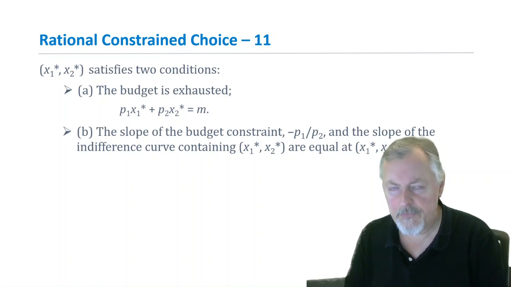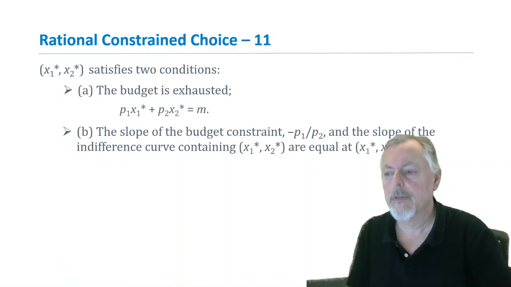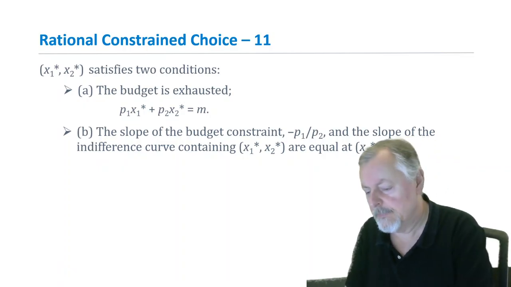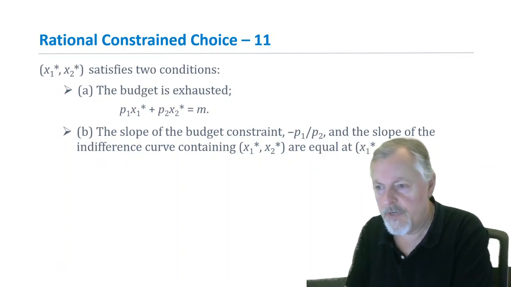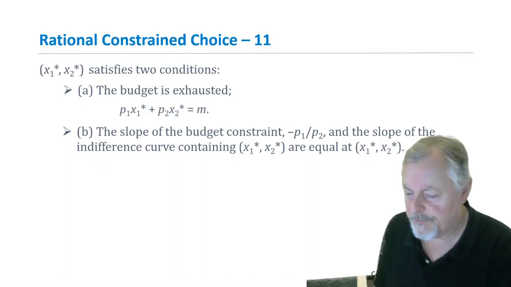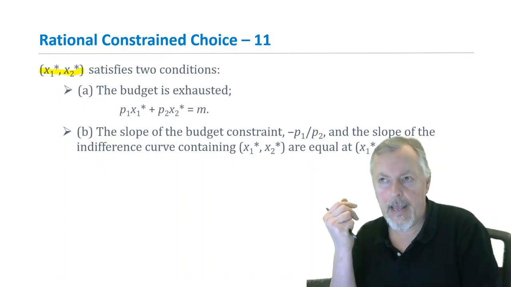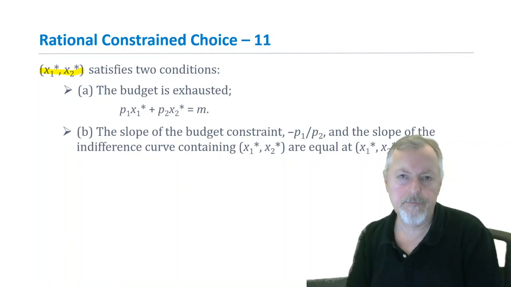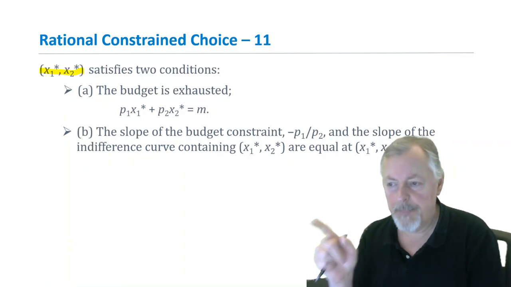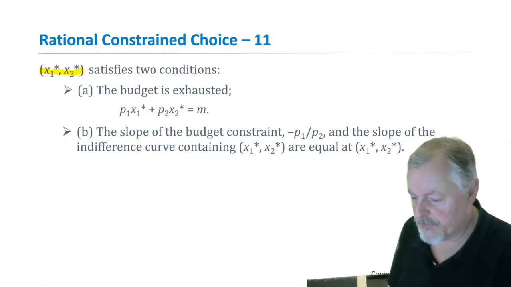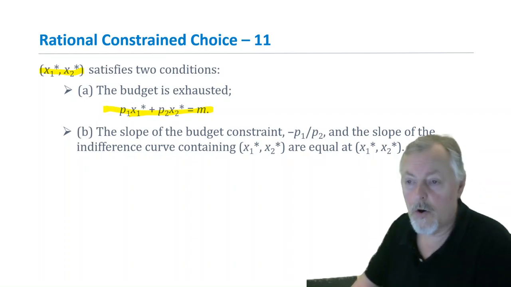Now for well-behaved preferences, and we've defined those earlier, we know that this preferred bundle has to satisfy two conditions. We know that the budget will be completely exhausted. The person will spend all of their money.